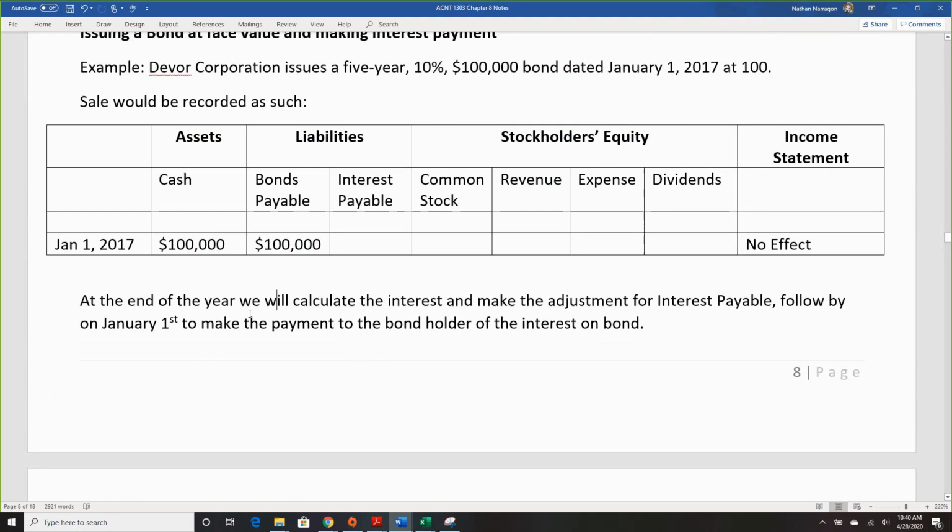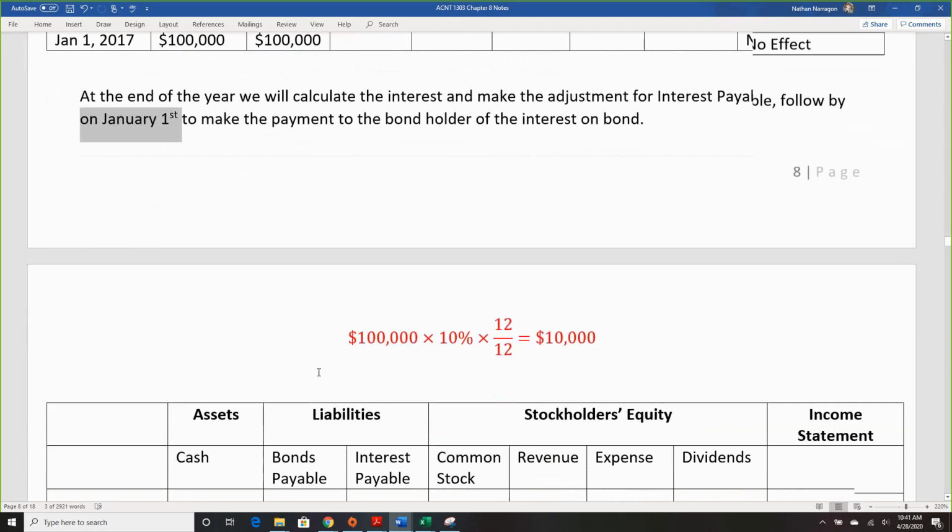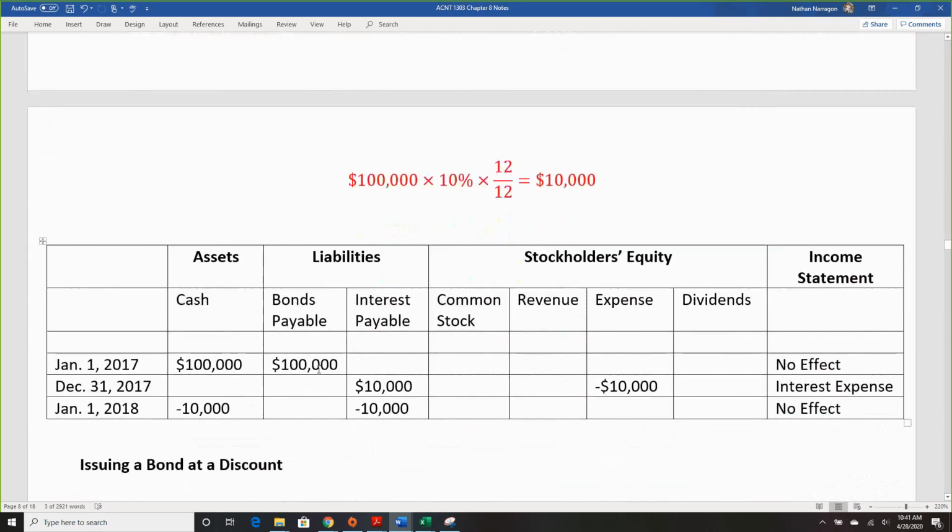I don't know why, but it will always do interest payable. It likes to accrue. Usually we don't accrue on a bond, we pay it that day. But this one they say that they pay on January 1st. This is annoying, but when we look at this, it's the same formula that we're going to have.